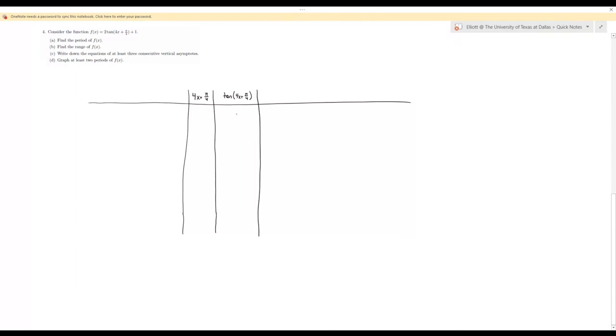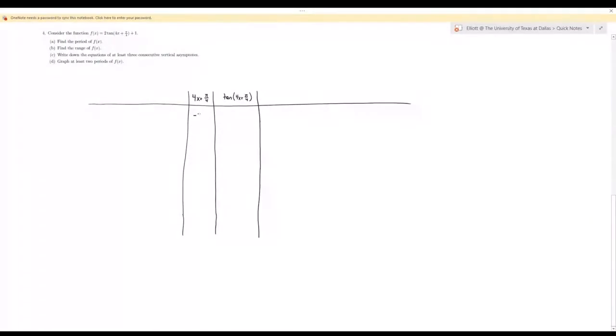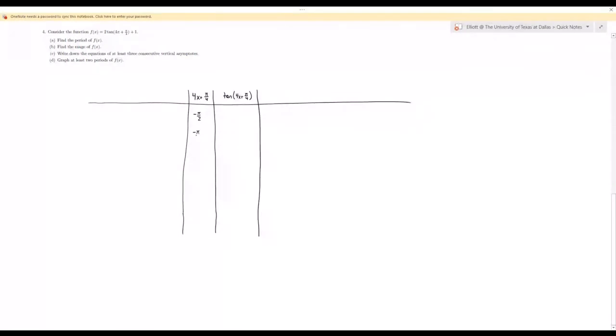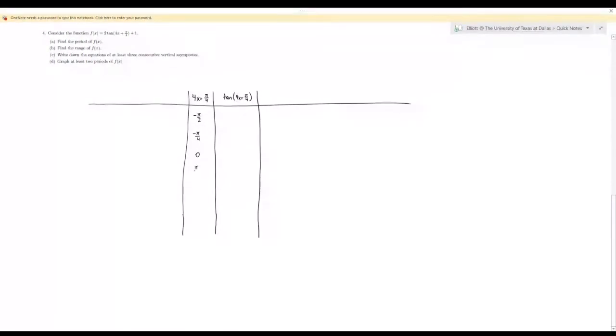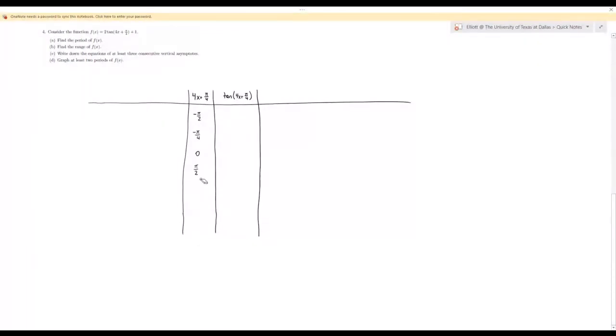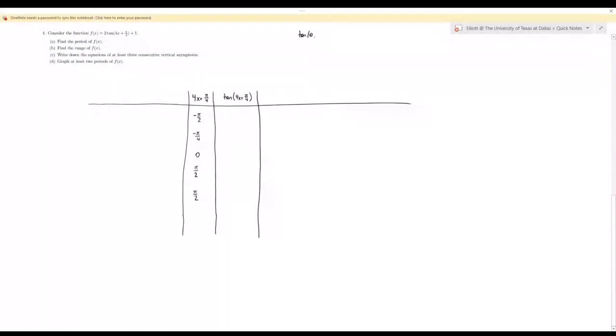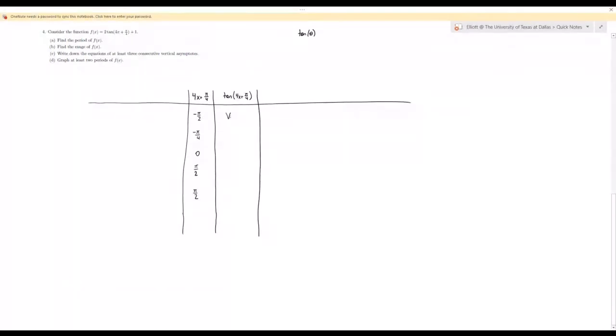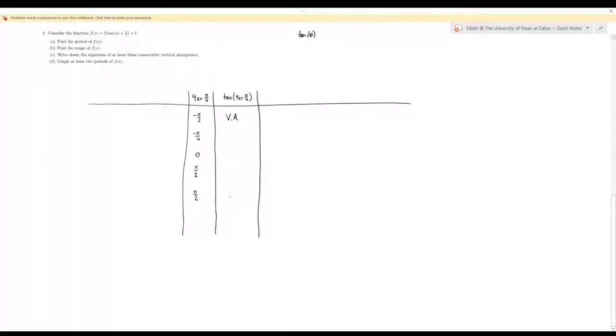I know for tangent, between negative pi over 2 and pi over 2, that creates one period. The ordinary tangent function has a vertical asymptote at negative pi over 2 and also at pi over 2.